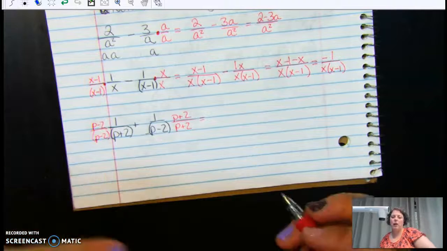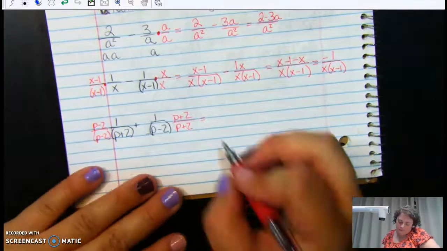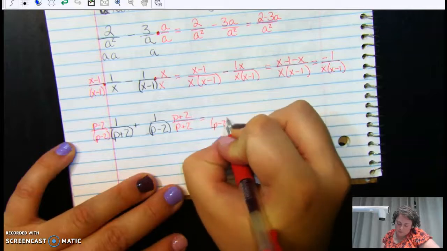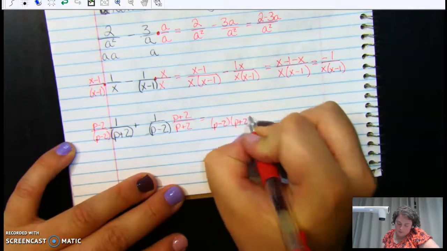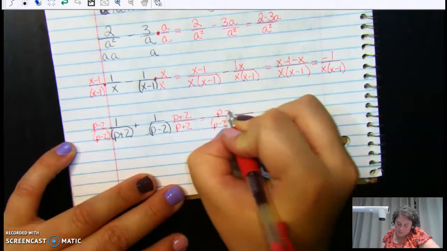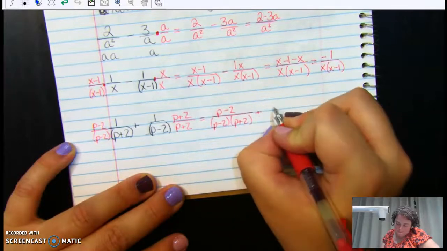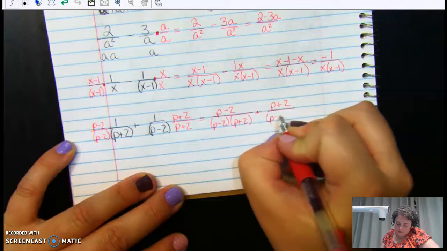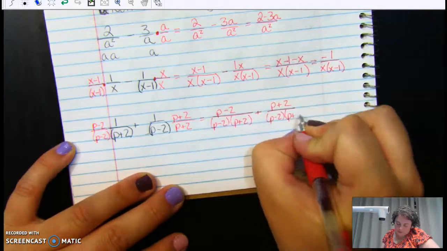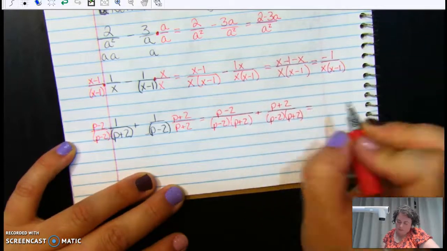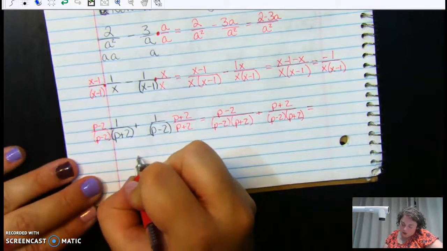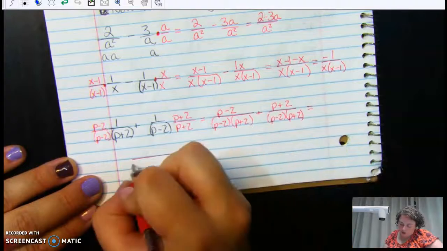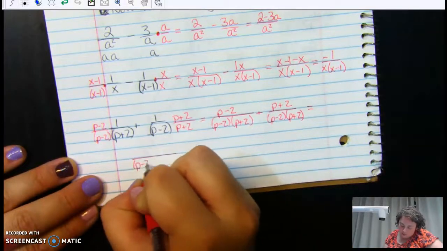All right, pause the video, work it out, make sure you get the right thing. All right, so on the bottom, you have a common denominator, so you're just going to write the denominator one time.